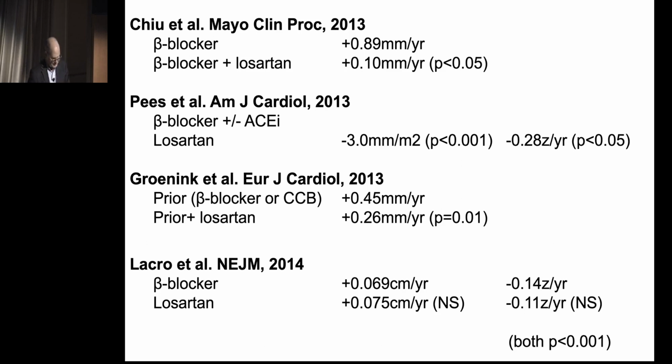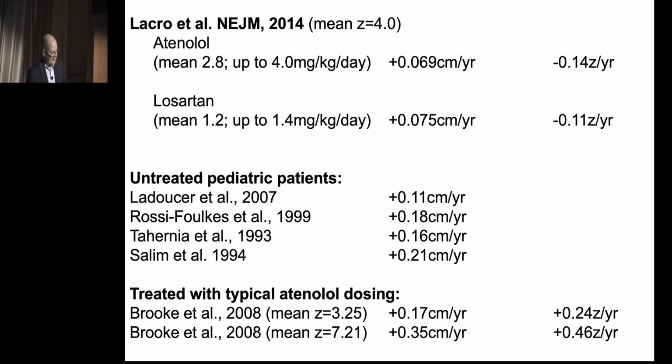If you look a little more carefully at this study, you see that the trial utilized a very high dose of beta blocker, up to 2 times the upper limit allowed by the FDA for the treatment of hypertension, whereas the losartan dose was capped at the FDA-approved dose for hypertension. And yet you can see that they did indeed achieve a very comparable rate of slow aortic growth.